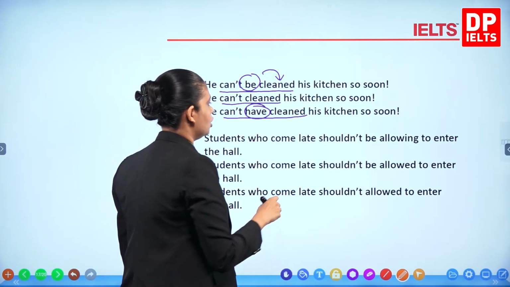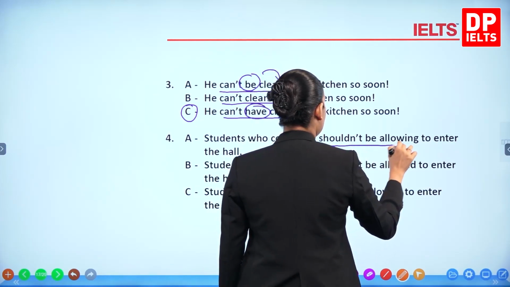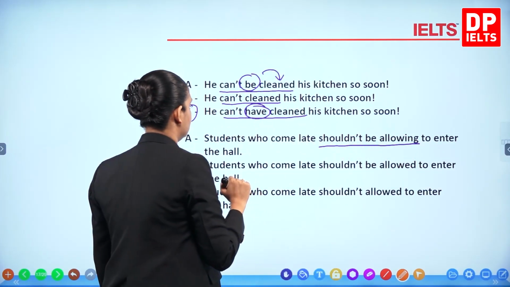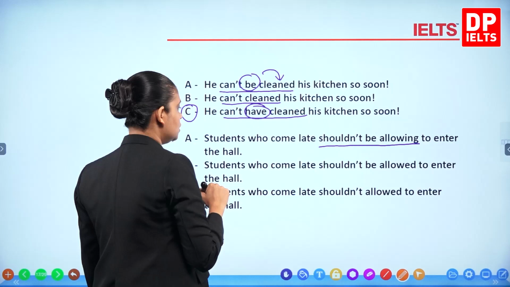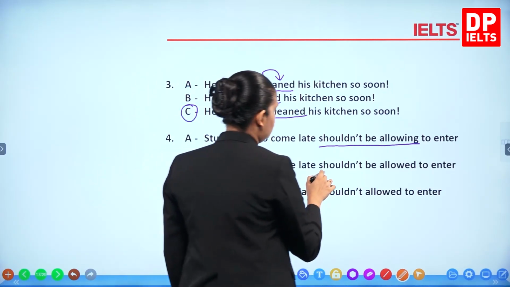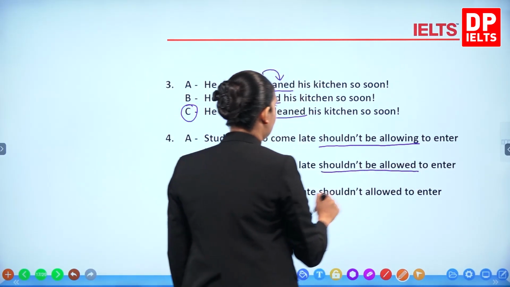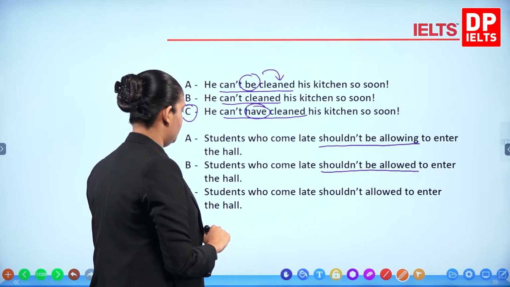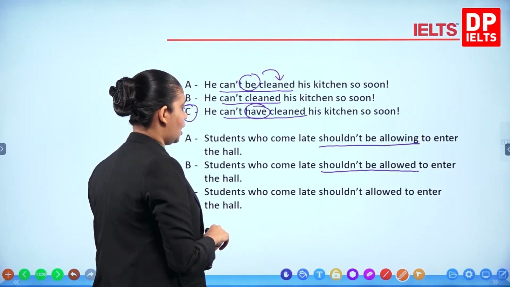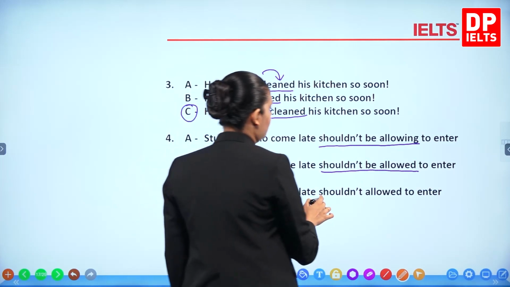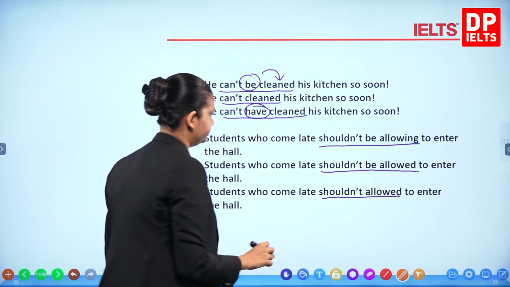Students who come late shouldn't be allowing to enter the hall. Students who come late shouldn't be allowed to enter the hall. Students who come late shouldn't allowed to enter.